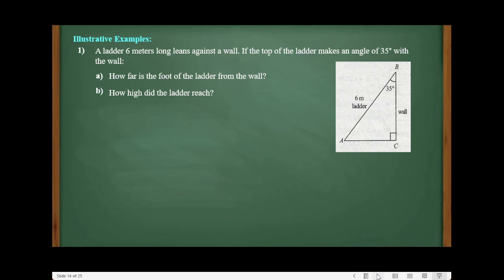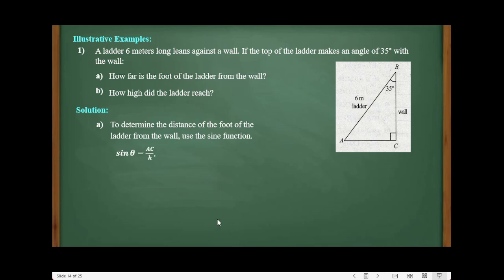Now for our solution, to determine the distance of the foot of the ladder from the wall, denoted by segment AC, we're going to use the sine function. So therefore, the setup equation is sine theta is equal to AC over H. The H here is this one, and the theta is the one having a measure of 35 degrees.